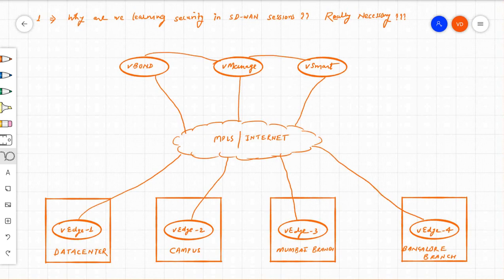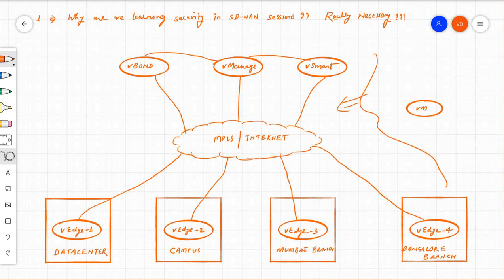My question yesterday was, suppose anybody has a device which is an SD-WAN device, whether it's a vEdge, vSmart or vManage, whatever it is, and my complete network is running fine, with all the edges up, control plane and data plane up.